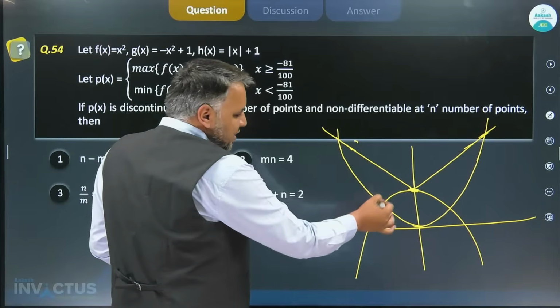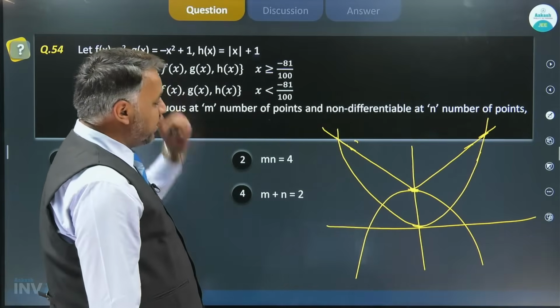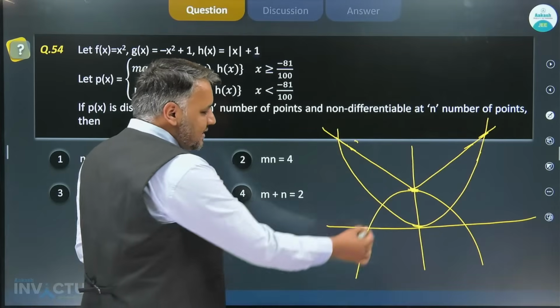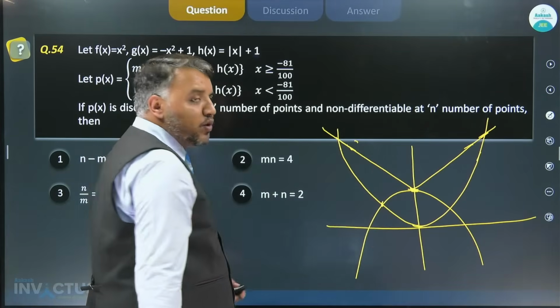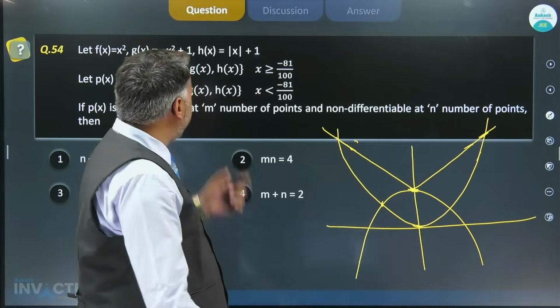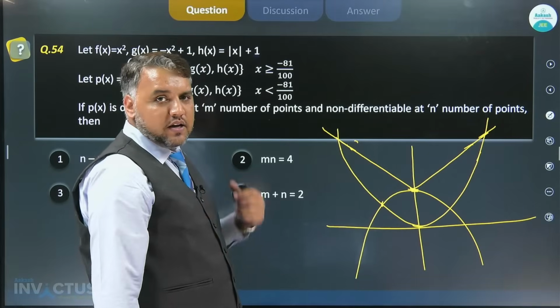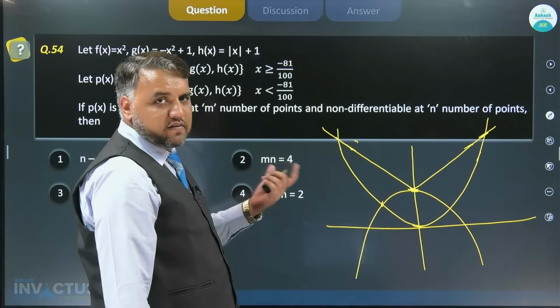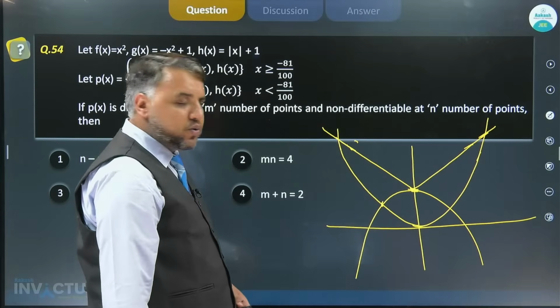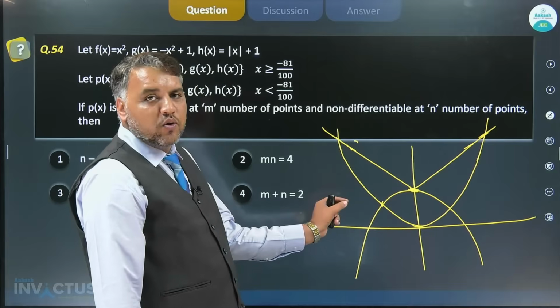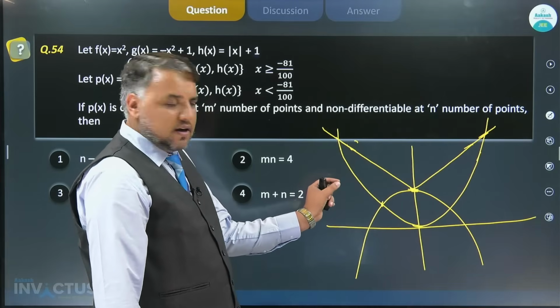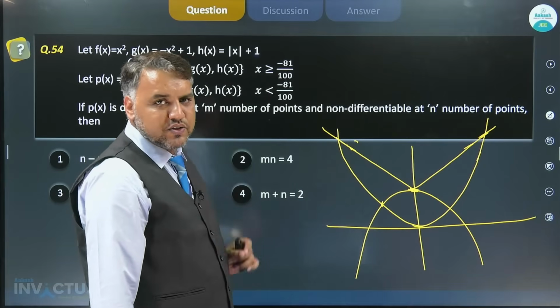These two curves, x square and 1 minus x square, two parabolas, they will intersect at x is equal to 1 by root 2 and minus 1 by root 2. Equating both these two, you will get 2x square is 1. So x is equal to 1 by root 2 and x is equal to minus 1 by root 2. That point, minus 1 by root 2, will be approximately 0.7 and so on.